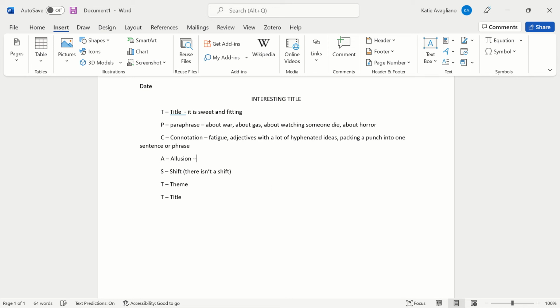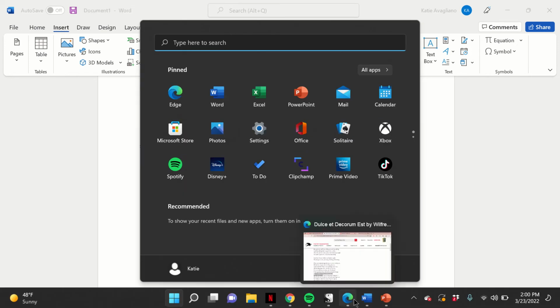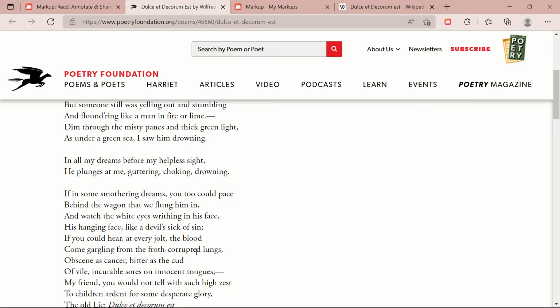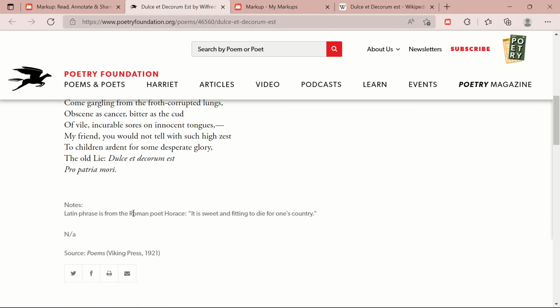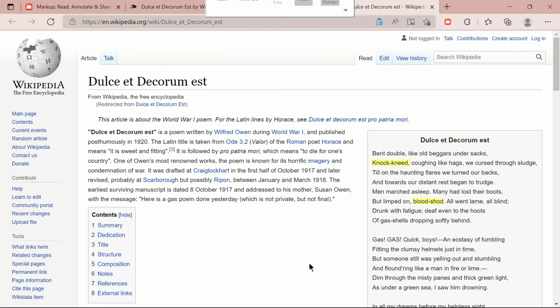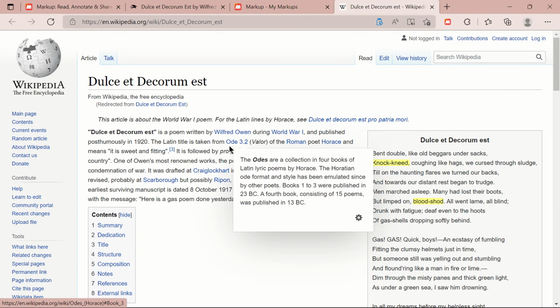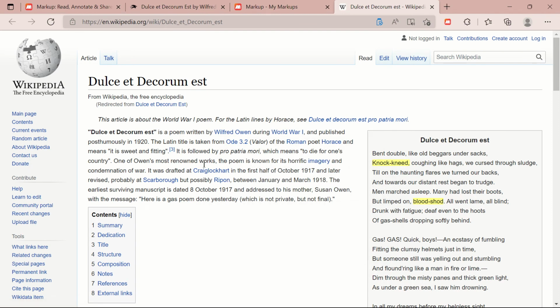Allusion, there's a really obvious allusion in this one, of course. It is an allusion to Dulce et Decorum, which at the bottom of our poem tells us is from the Roman poet Horace. It is sweet and fitting to die for one's country. So if you wanted to be a student, you would look up this poem, right? You'd go and read this poem as well and figure out exactly where this phrase came from.